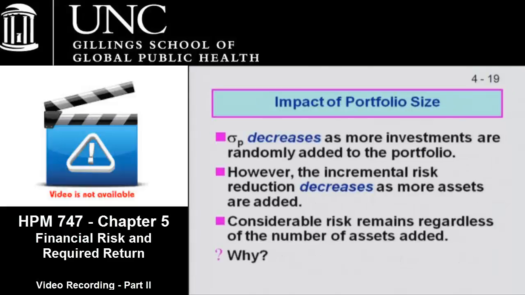So the next thing we want to talk about is, we've talked about a two-asset portfolio there, A, B, AC, and AD. What happens if we start adding 3 or 4 or 5 assets? And what we find is that the risk of the portfolio goes down the greater the number of assets that are added to the portfolio.